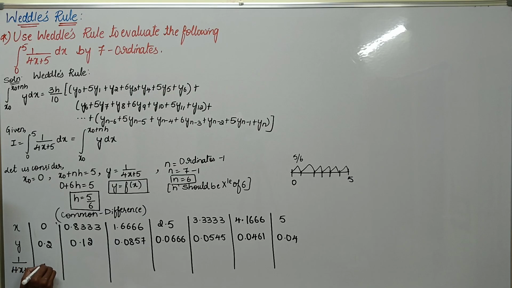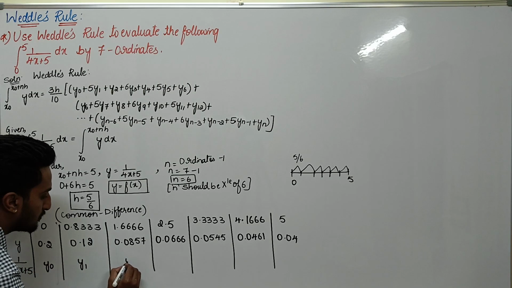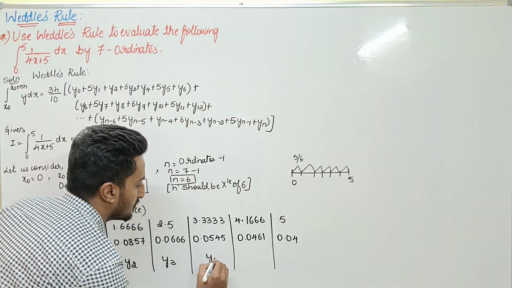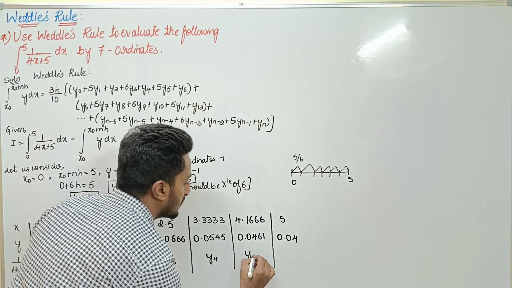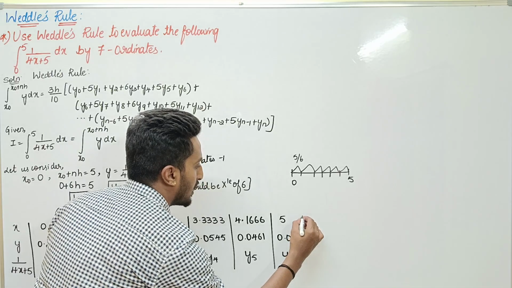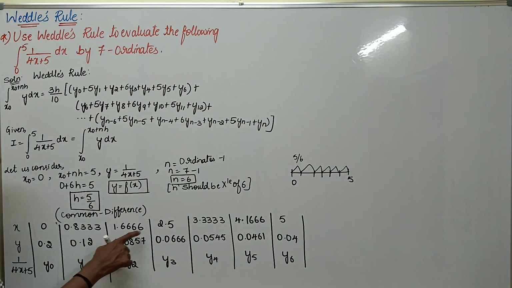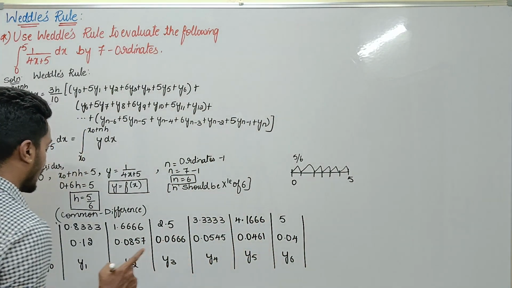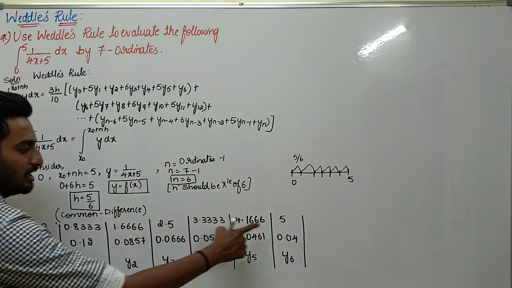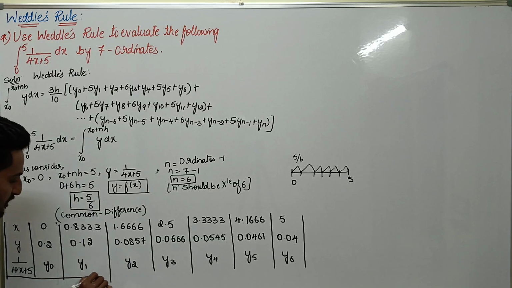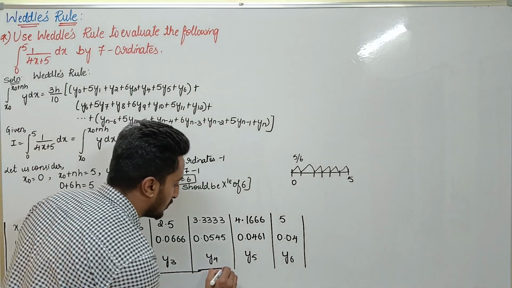Okay, this I can represent as y0, y1, y2, y3, y4, y5, y6. See, we have got 6 intervals and 7 ordinates: 1, 2, 3, 4, 5, 6, 7, including the terms 0 and 5. Represent the table so that while simplifying the terms, there will be no mistakes.